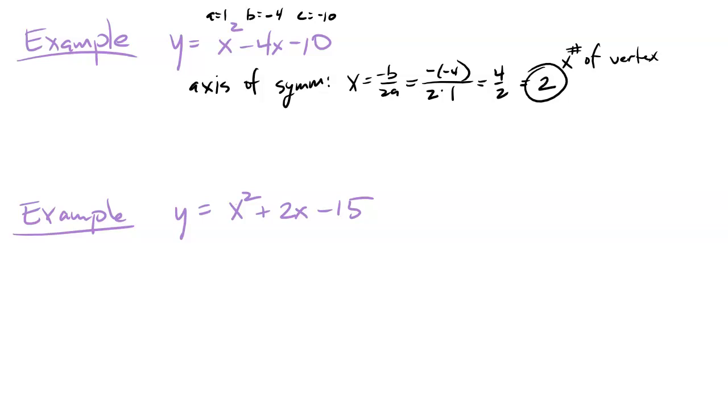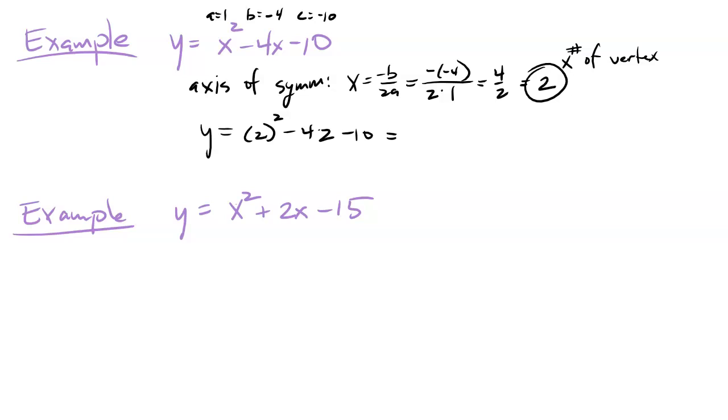Justice, do you remember how to find the second number? Nice, very good. So you take the answer you just found and put it in place of x. So we'd have 2 squared minus 4 times 2 minus 10.